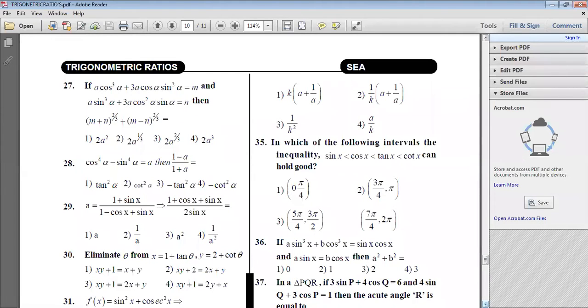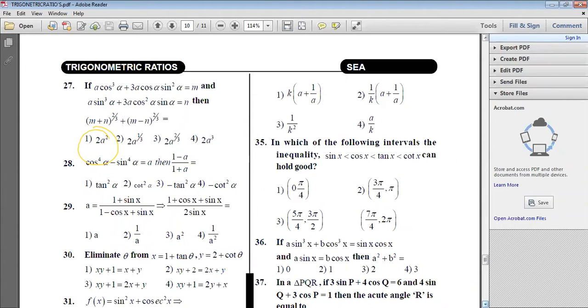We are given two equations, and from those two equations we have to eliminate alpha. a cos cube alpha plus 3a cos alpha sin square alpha is equal to m, and a sin cube alpha plus 3a cos square alpha sin alpha is equal to n.